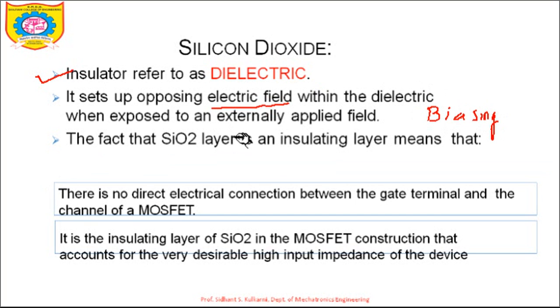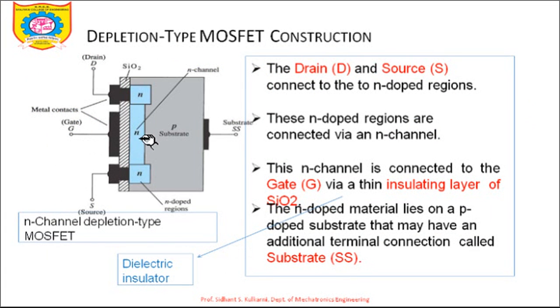So when external voltages are applied to this MOSFET, the SiO2 layer sets up an electric field which opposes the externally applied field. The fact that the SiO2 layer is an insulating layer means that there is no direct electrical connection between the gate terminal and the channel of the MOSFET. Listen carefully: going back to the previous diagram, channel and gate are separated by this SiO2 layer, which acts as the metal oxide layer.